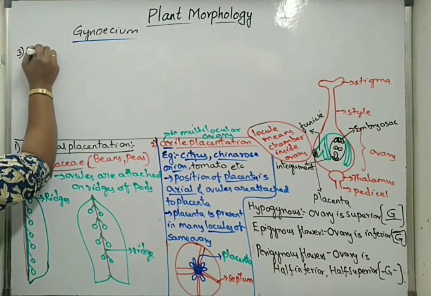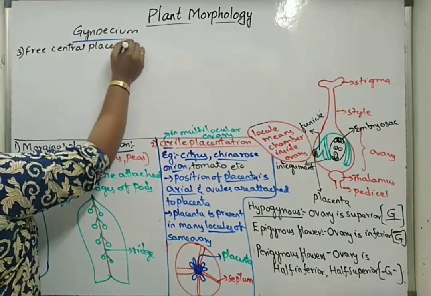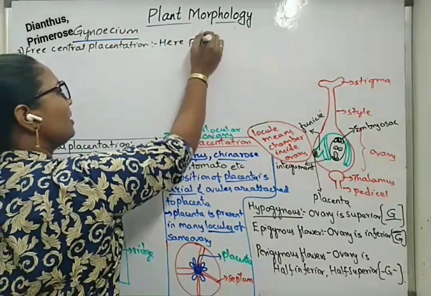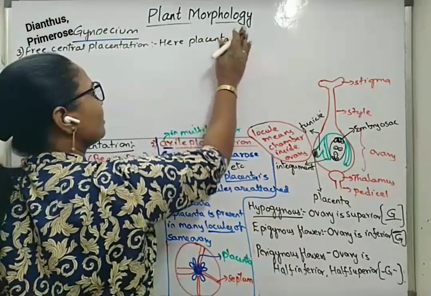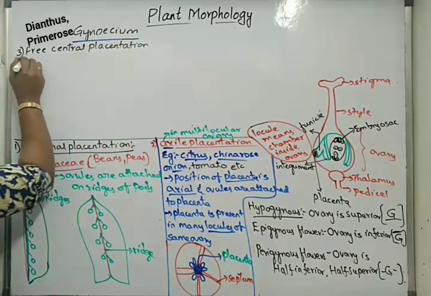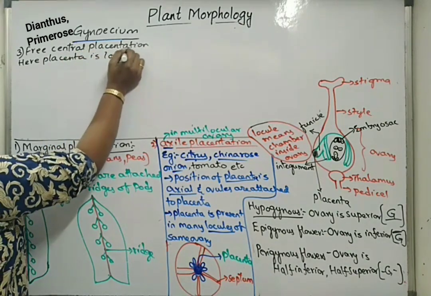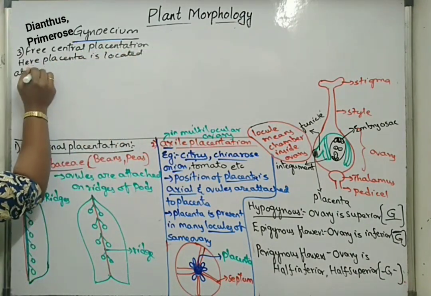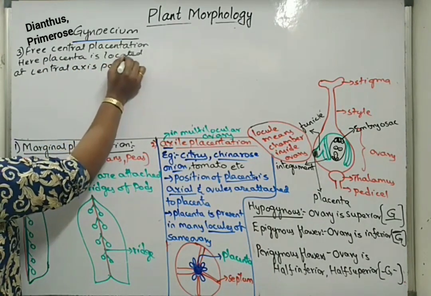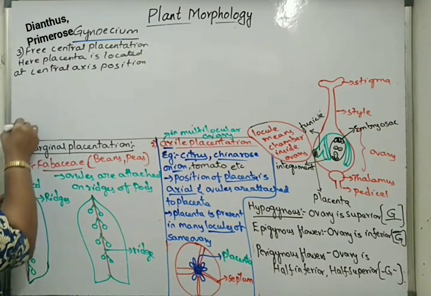Third one, free central placentation. Here, placenta is located at central axis position and ovules are attached around it.